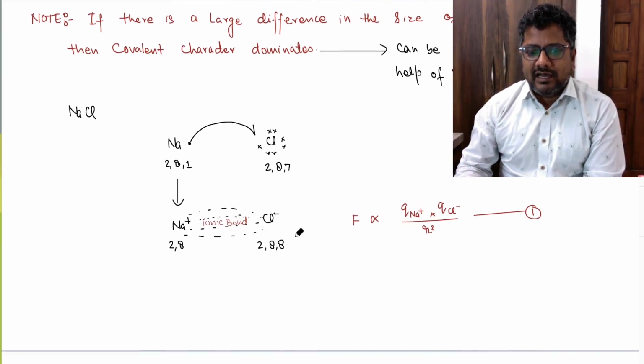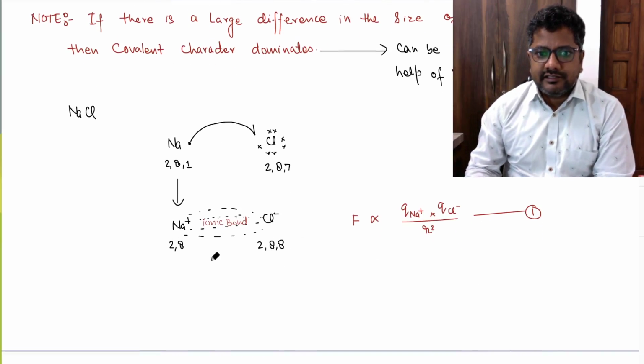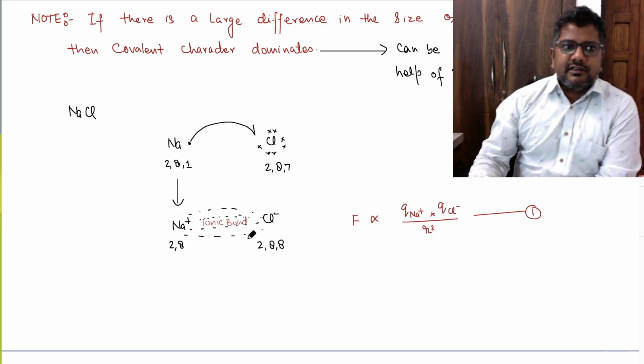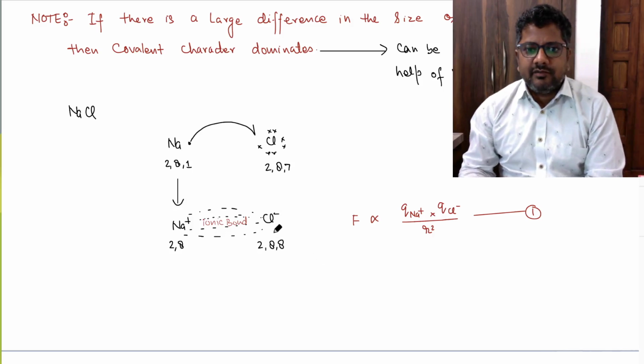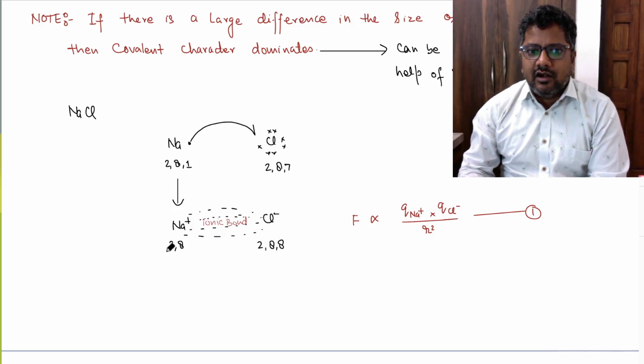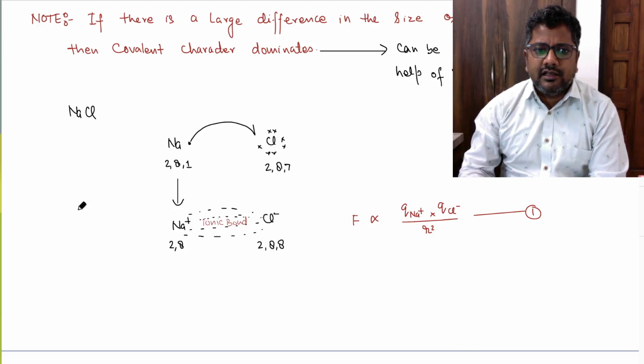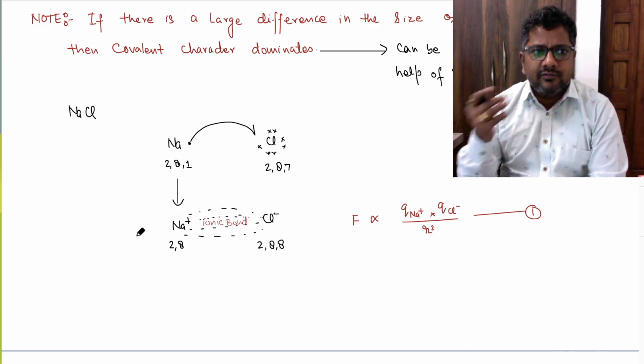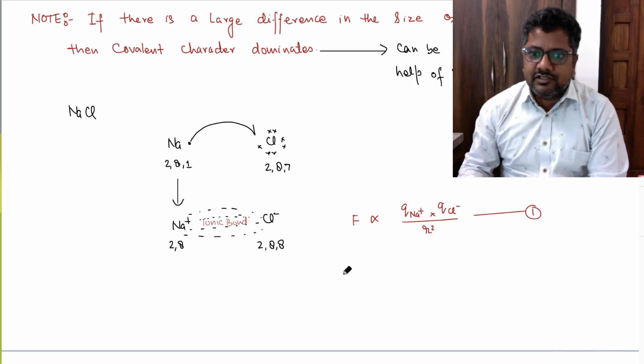So you can express this force of attraction between the ionic species by this equation, right? And you can say that this ionic bond which is formed here is non-directional in nature, because in all directions the electric lines of force are spread. So you can put chlorine here or here or here, the force of attraction is the same, right?